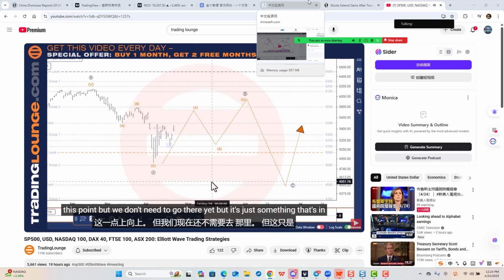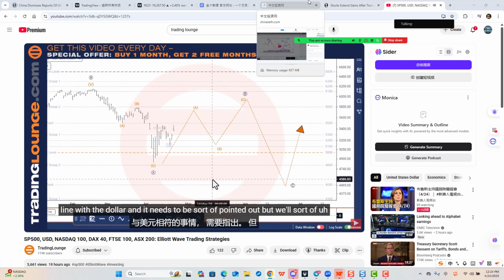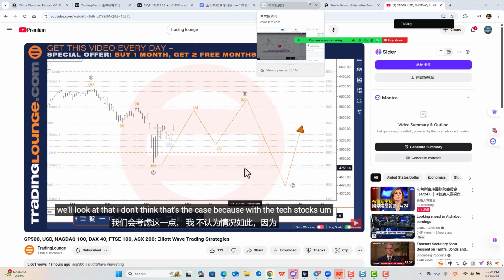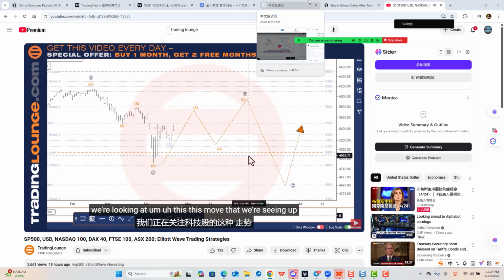But we don't need to go there yet, it's just something that's in line with the dollar and needs to be pointed out. I don't think that's the case because with the tech stocks, we're looking at this move that we're seeing up here.